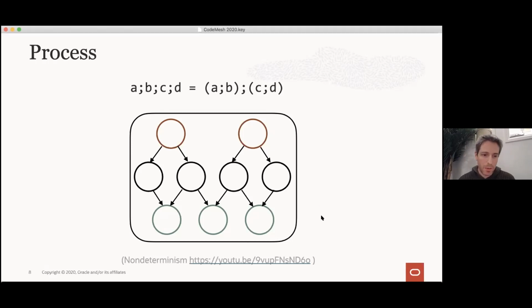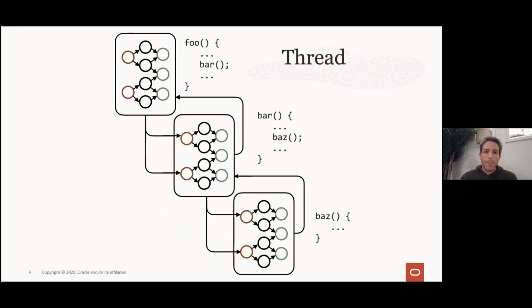relationship to our subject. But now I want to talk about a kind of process that's very common in programming languages today, and that's a thread. I'll define it as being what we normally associate with threads in our programming languages, namely a process with a call stack.